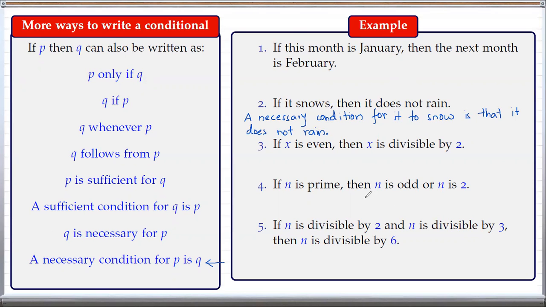Let's look at one more example. I'm going to try number 3, a necessary condition for P. Our P is x is even. For x being even is that x is divisible by 2.